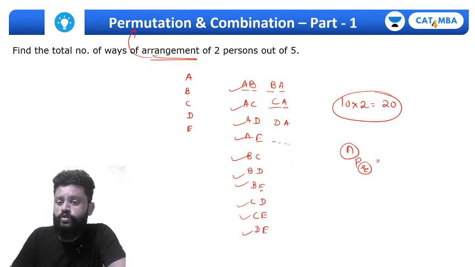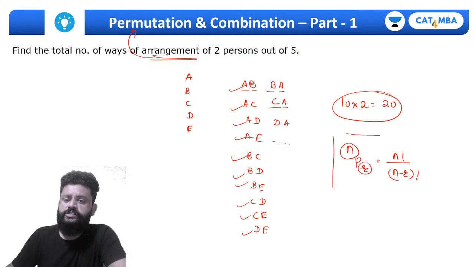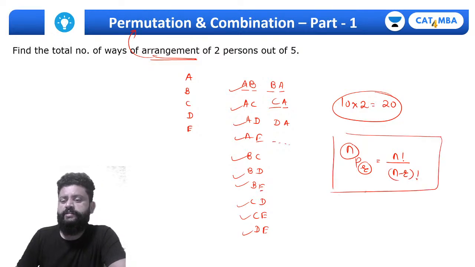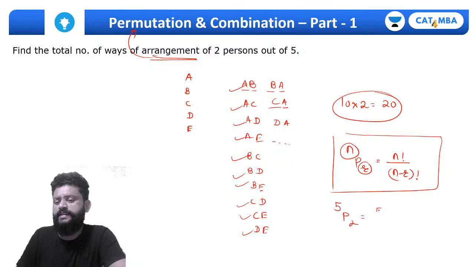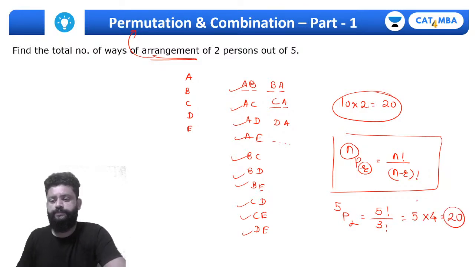So n factorial divided by n minus r factorial, that's the formula. And the only change here is यहाँ पे denominator में r factorial नहीं आता है. So if we go for 5P2, we'll simply get the answer as 5 factorial upon 3 factorial, which comes out to be 5 into 4, that is 20.